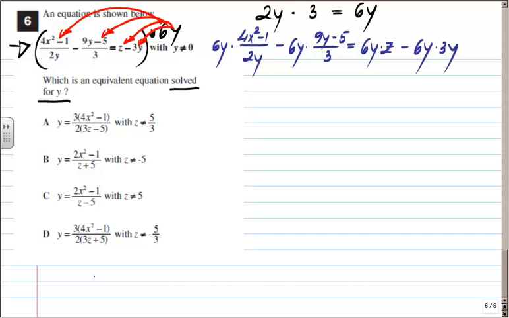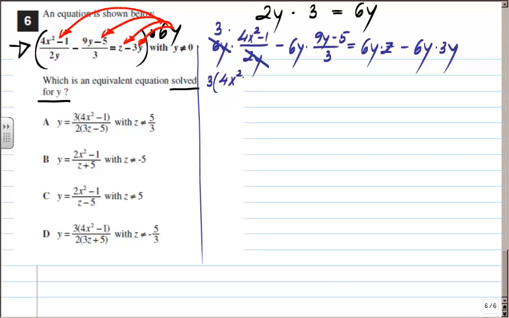Okay? All right. Moving on, let's simplify. Looking at the first one here, 6y and 2y. Well, 2y goes in 6y 3 times. And I have 3 times 4x squared minus 1.